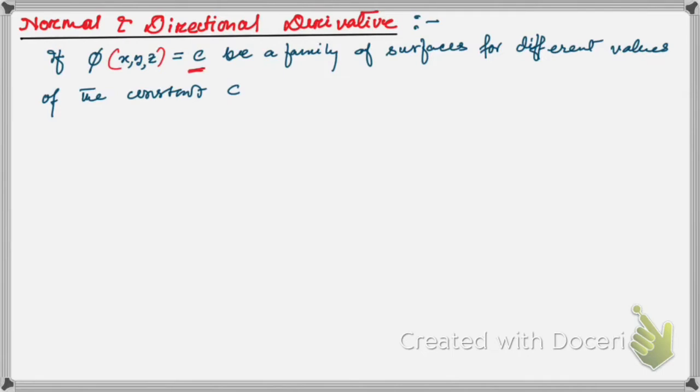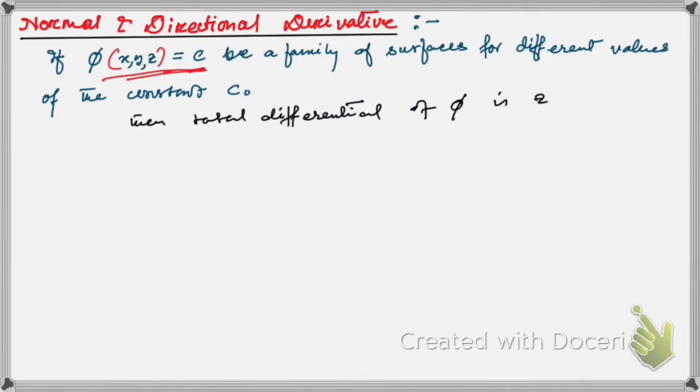For one particular value, you will get one surface represented by this equation, and if you put another value of c, then you will get another surface, right? Then the total derivative of phi, that is d phi, will be 0, because c is constant here, right?